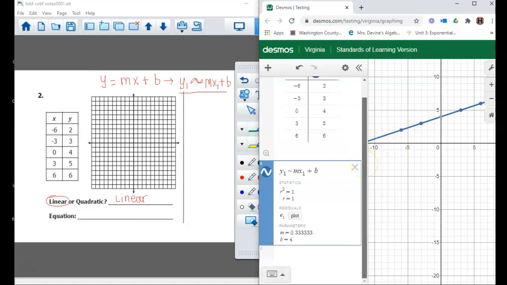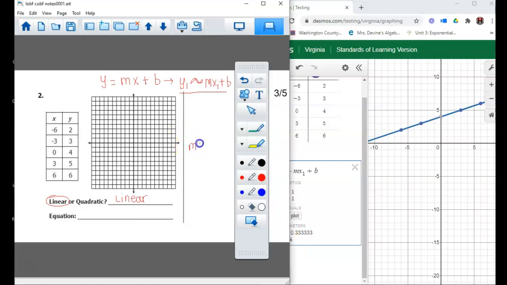And if I scroll, you'll notice that I have m equal to 0.3 repeating, and I have b equal to 4. You may remember that's the same as the fraction 1/3, and my b is equal to 4. So I'm going to put 1/3 right here. I'm going to put positive 4 right here, which will make my equation y equals 1/3 x plus 4.